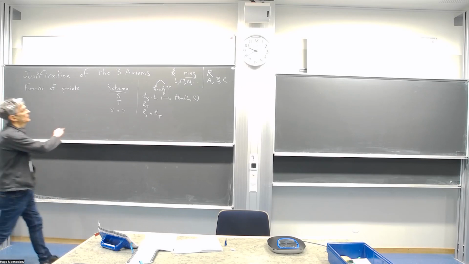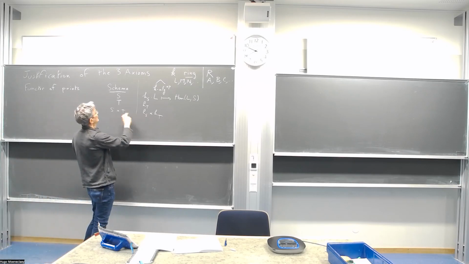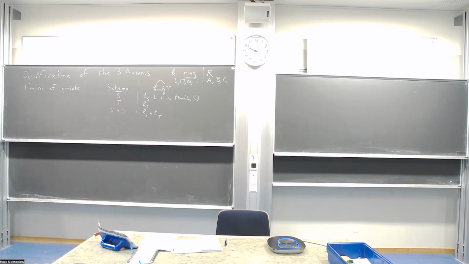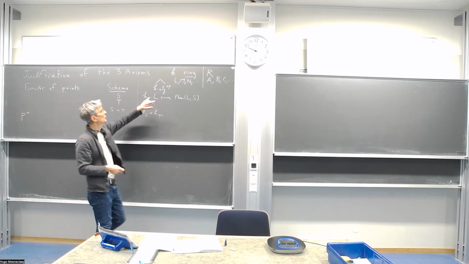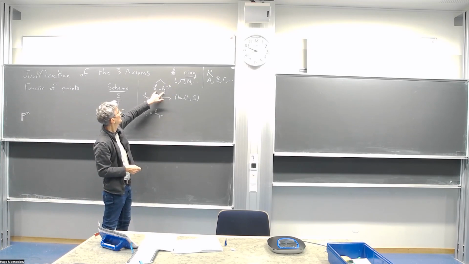But sometimes it's not easy to see the semantics. So I want to give some examples. The example is what was presented yesterday: projective space P^n. It's very simple to describe if you work internally.